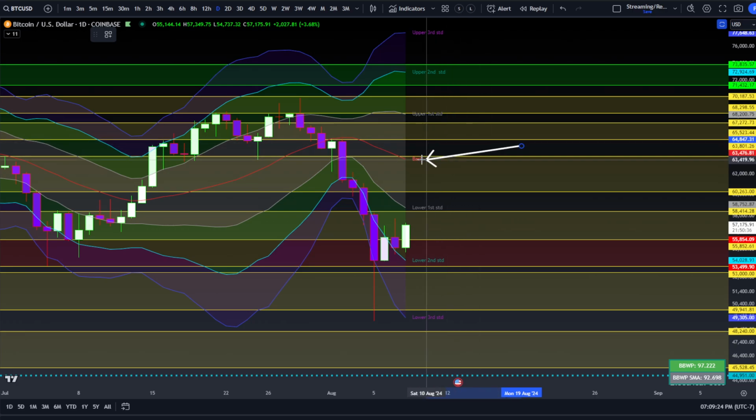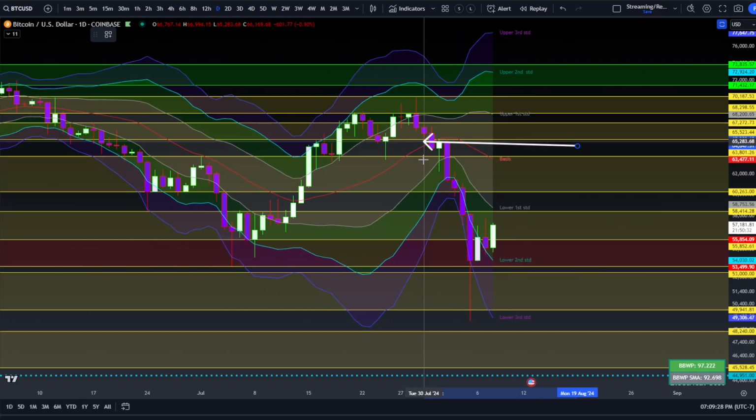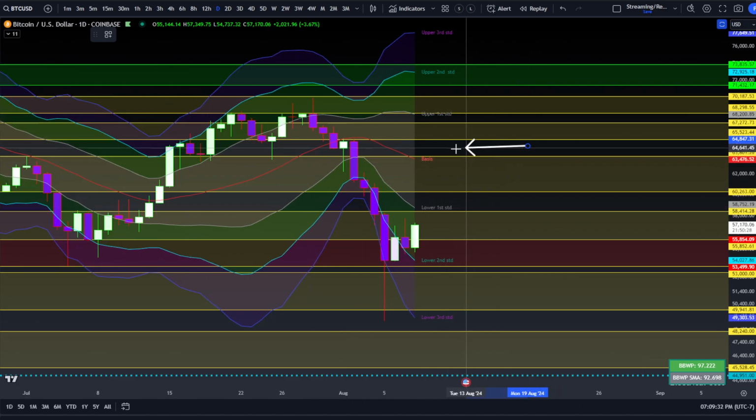Now, to be fair, the basis is at like 63,400 to 500, which is essentially right around these wick lows. But that zone would be the next zone of interest if we do start seeing closes back above 58.4. Then I'm essentially looking to 60,000, 2 to 3, to that 63.8 as an overhead resistance zone.